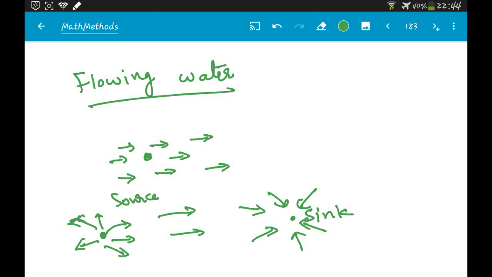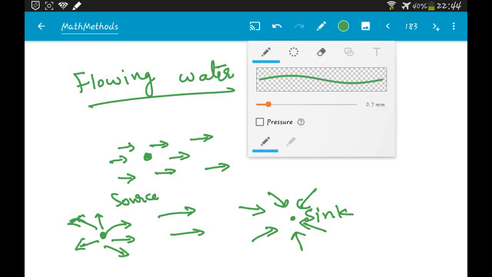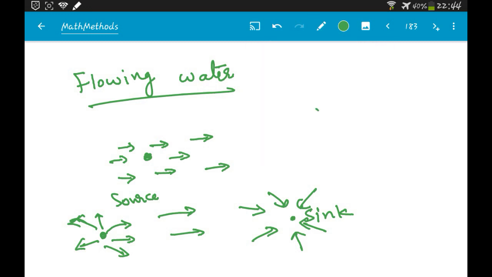But the point is that when you see the divergence of V, which is del dot V, it gives you one particular number, because it is going to be a scalar quantity.